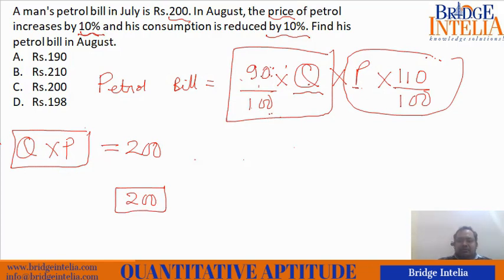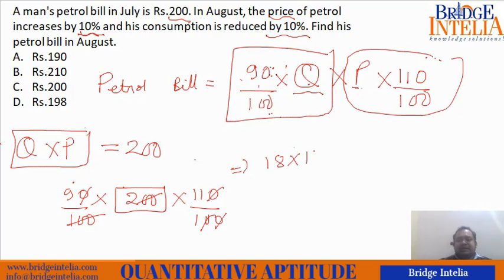Then you multiply it by these two numbers, 90 by 100 into 110 by 100. Let's see what this comes out to be. So 100 and 200 cancel out. So 9 into 2 into 11. So 9 into 2, that means 18. 18 into 11, so 180 plus 18. So 198 is the final answer.